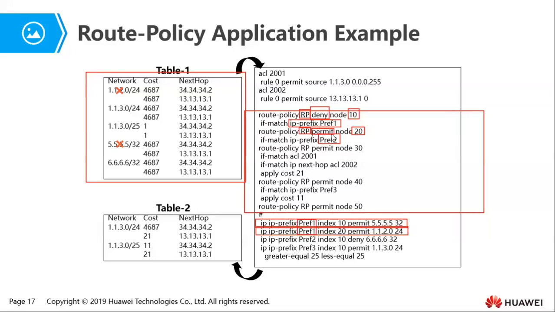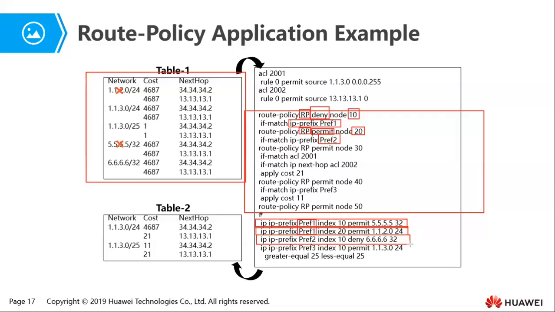So let's go back to this one. We want to look at pref2. The route policy is permitting it, so we now look at it. IP prefix pref2 index 10. When you give it a different name, you can start from the lowest index.